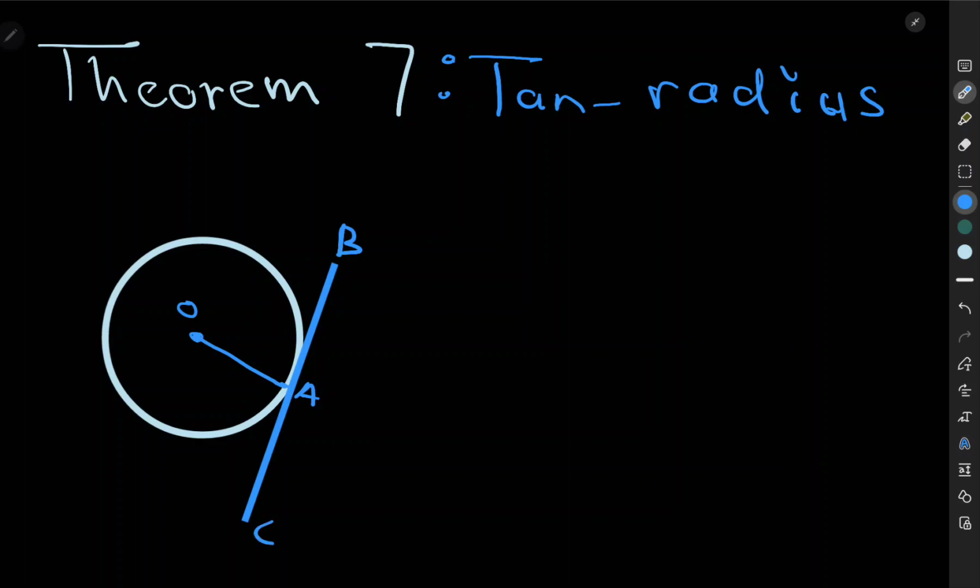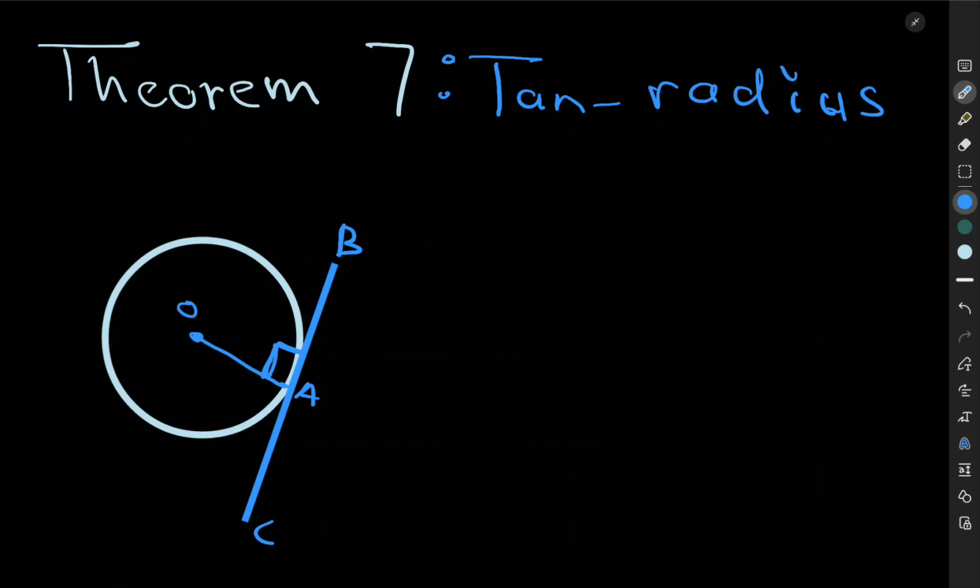At the point where the tangent and the radius meet, they meet perpendicularly, meaning that they form 90 degrees. That's always the case with every tangent and radius.